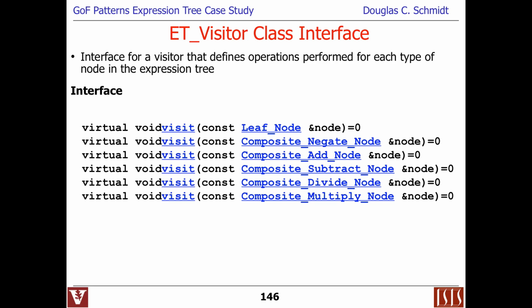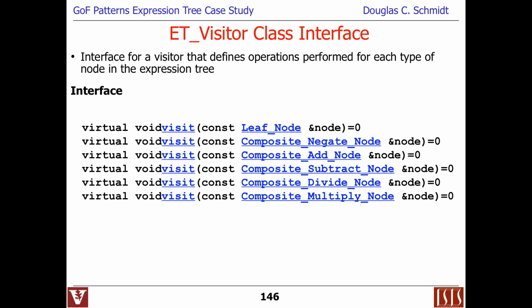Those are all subclasses of component node. That's the composite hierarchy. For every interesting node in the composite hierarchy, we have a method in the visitor interface called visit that takes a reference to one of the things in the composite hierarchy.